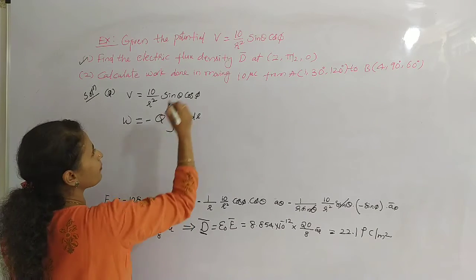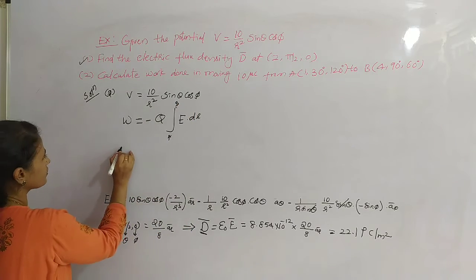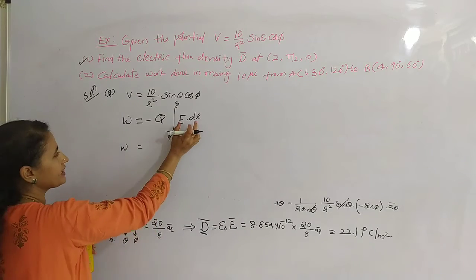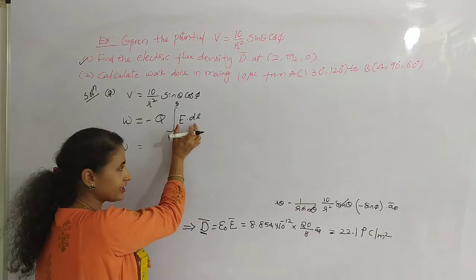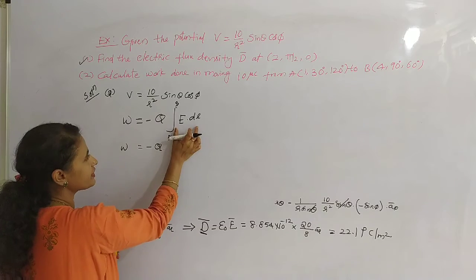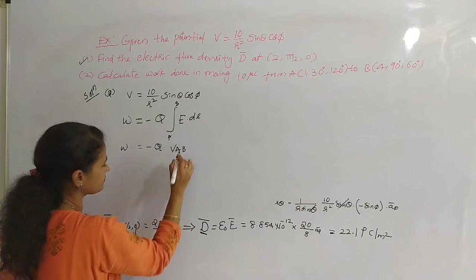This is from point A to point B. So the work done is given by the integration of E bar into dl. We know electric potential is work done per charge. So Q into, what is this one? This is a potential difference, which is nothing but V_AB.